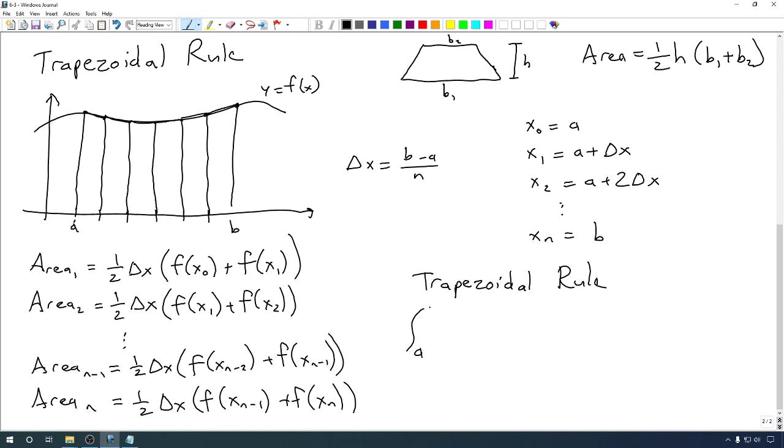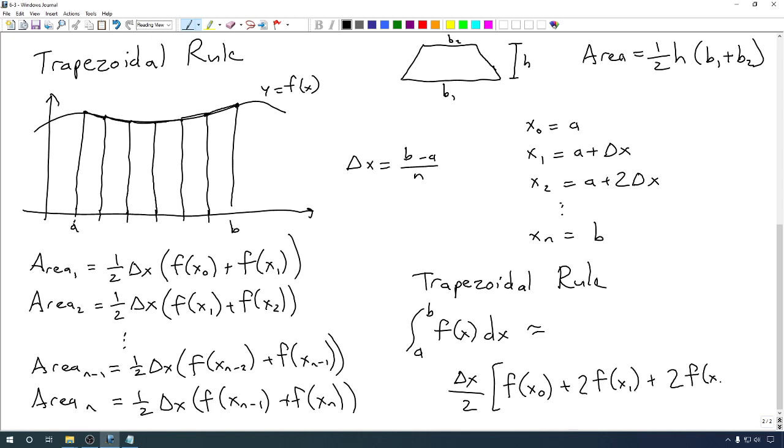Where the integral from a to b is approximately equal to delta x over 2 times the sum of f of x0 plus twice f of x1 plus twice f of x2, and then so on and so forth until we get to twice f of x n-1 plus f of x n.